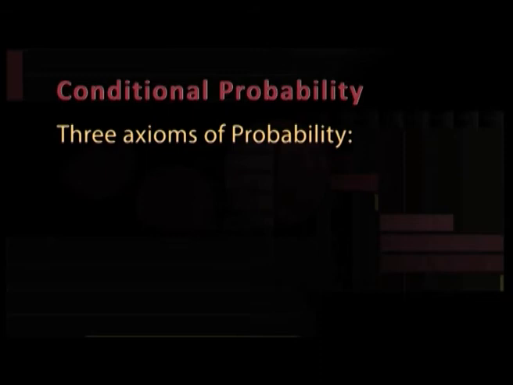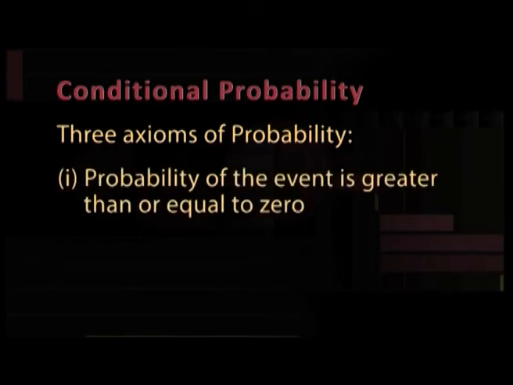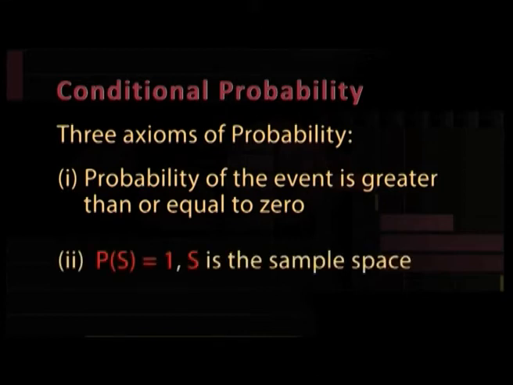To prove this, first we should show that it satisfies three axioms of probability. The first axiom being probability of the event is greater than or equal to 0. The second axiom, probability of S or the sample space is equal to 1.